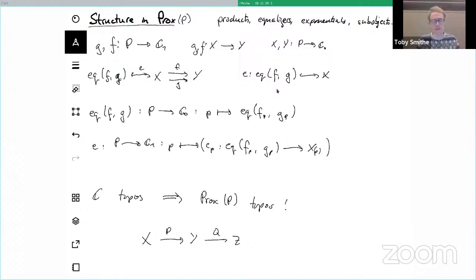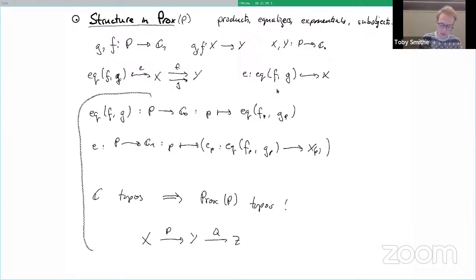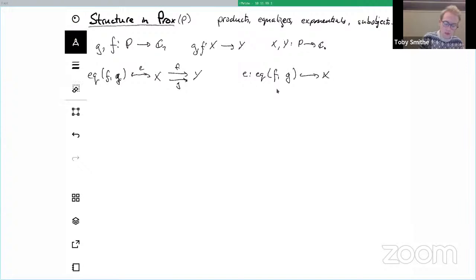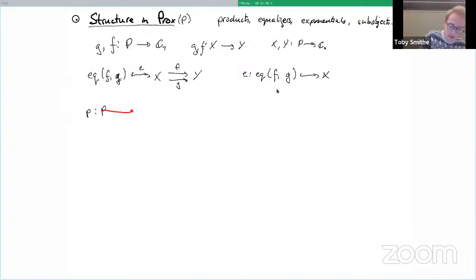Well, I'm assuming that there are equalizers in C, right? So for each P in P, I get a map FP from XP to YP, and a map GP from XP to YP.